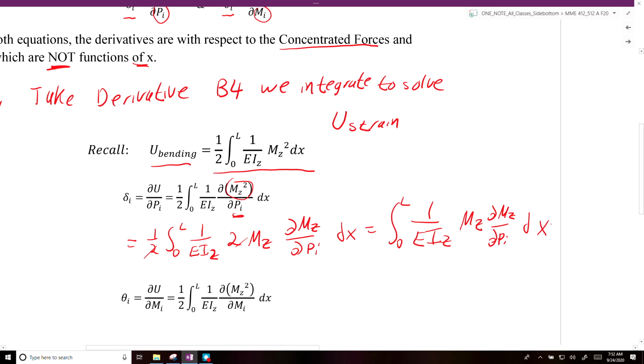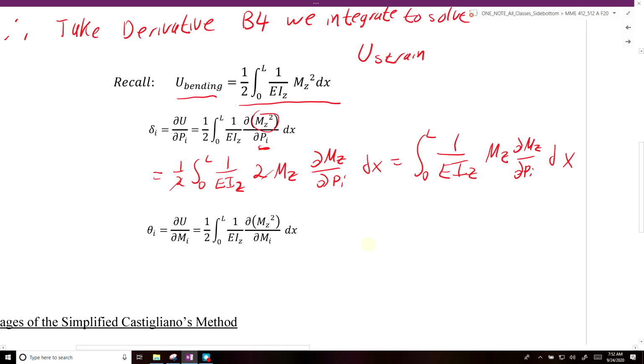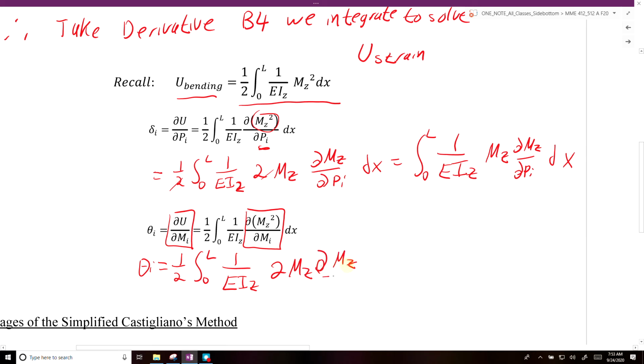In a similar fashion, we can do the same thing for the derivative with respect to the moment at any point. Again, we just use the chain rule on this term here. So our theta i at any point is going to be equal to 1/2 integral from 0 to L of 1 over EIz, and then we get 2 times Mz with the partial derivative of Mz with respect to our moment applied at that point, dx.